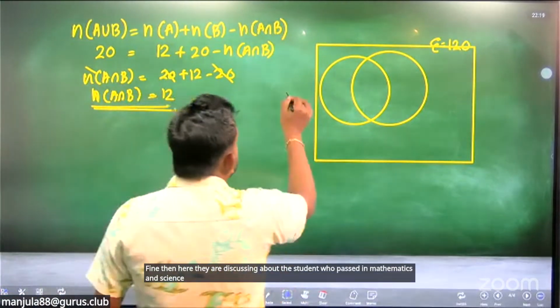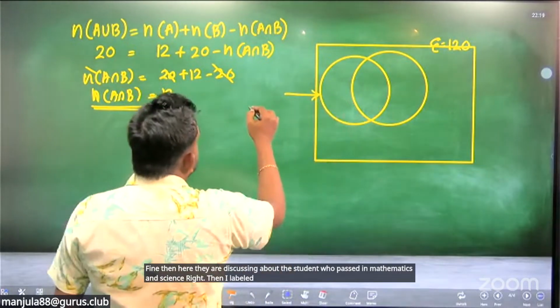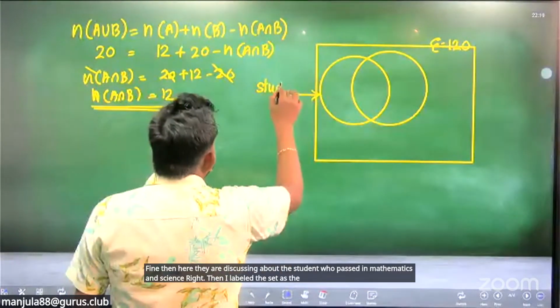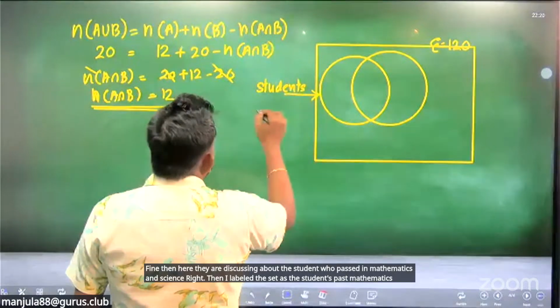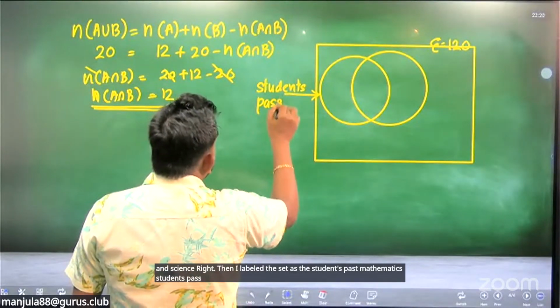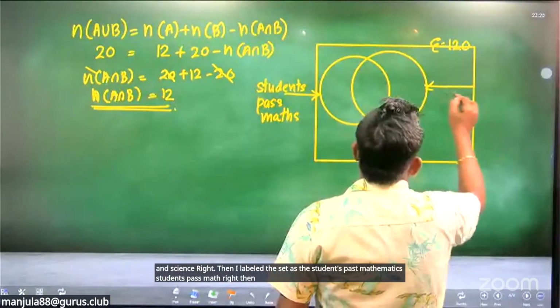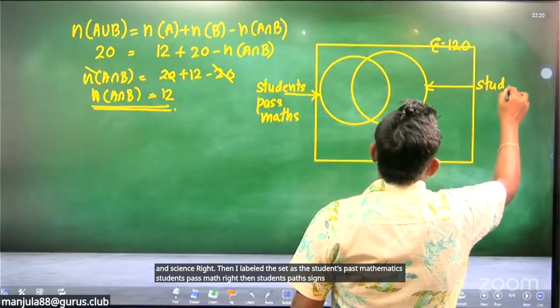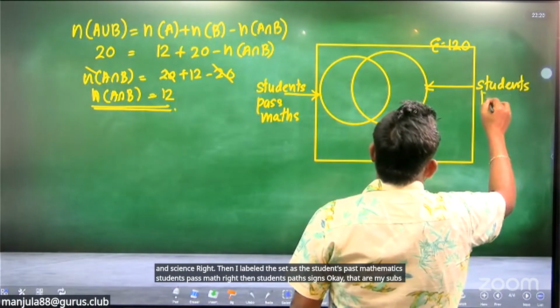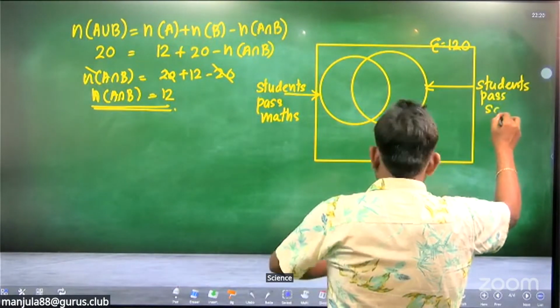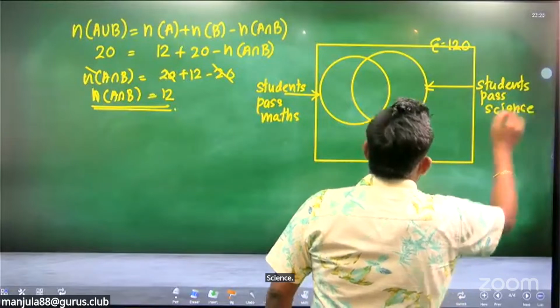I label the sets: students who pass maths, and students who pass science. Those are my subsets.